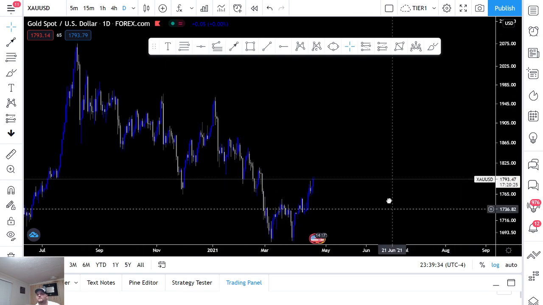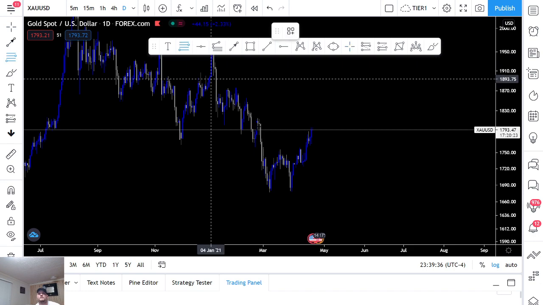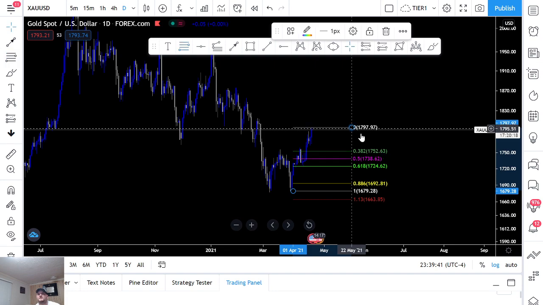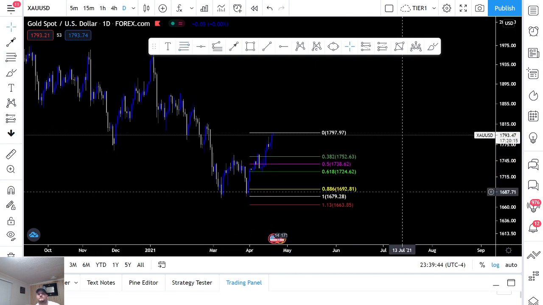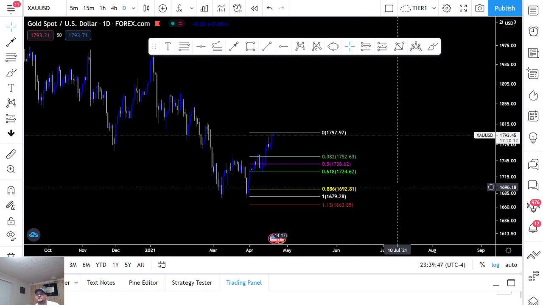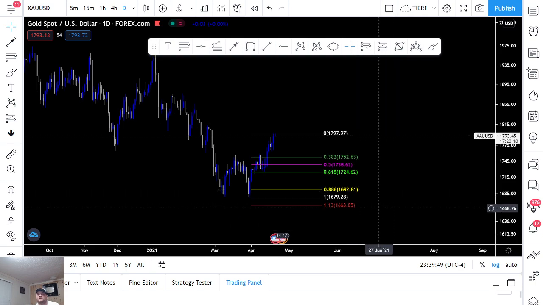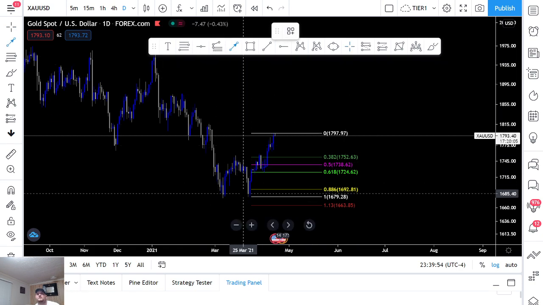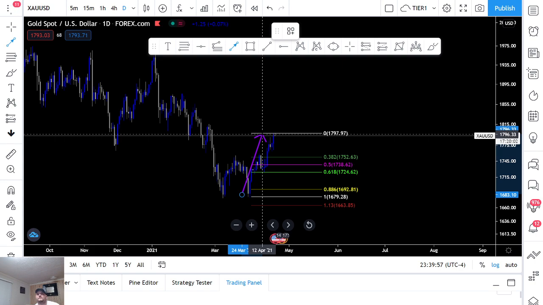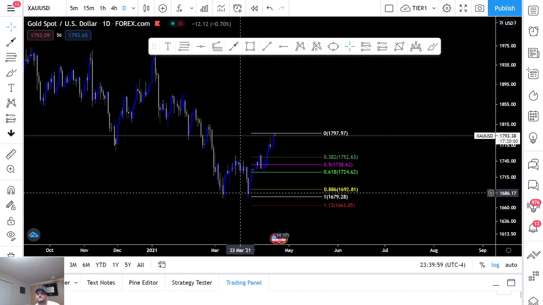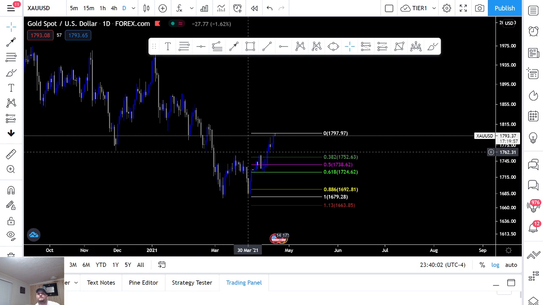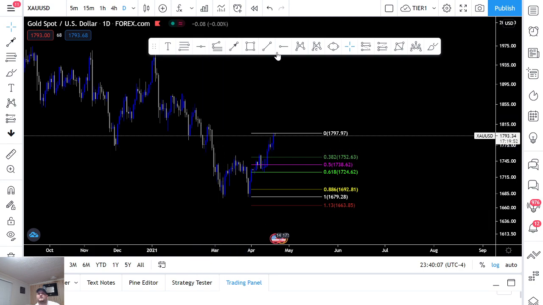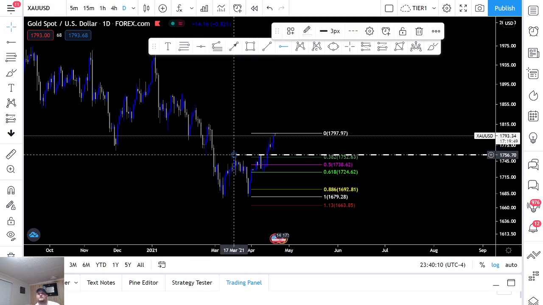I don't know. But that's kind of how I draw my Fibonaccis, and I know everybody draws them differently. But I've gotta have a starting point, gotta have an impulse leg. There might have been a bunch of buy stops above this right here.